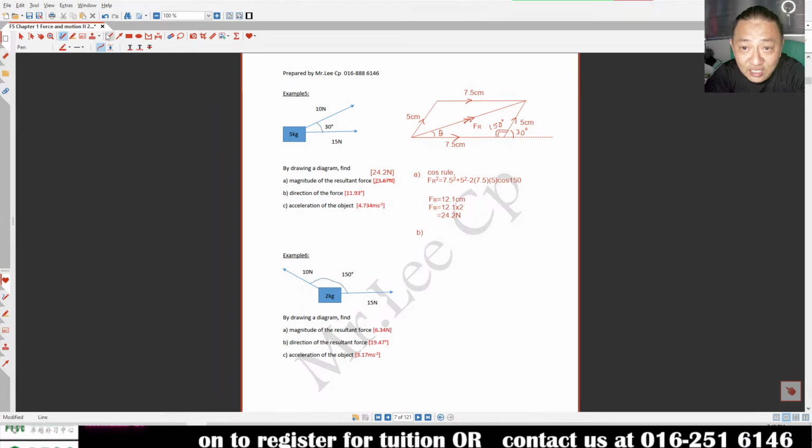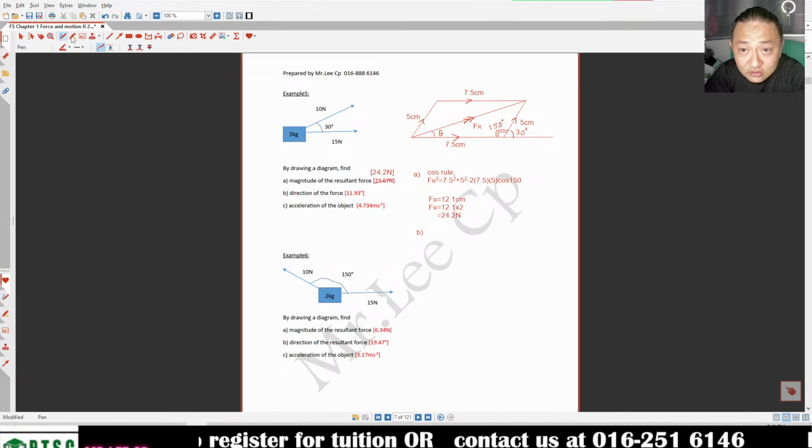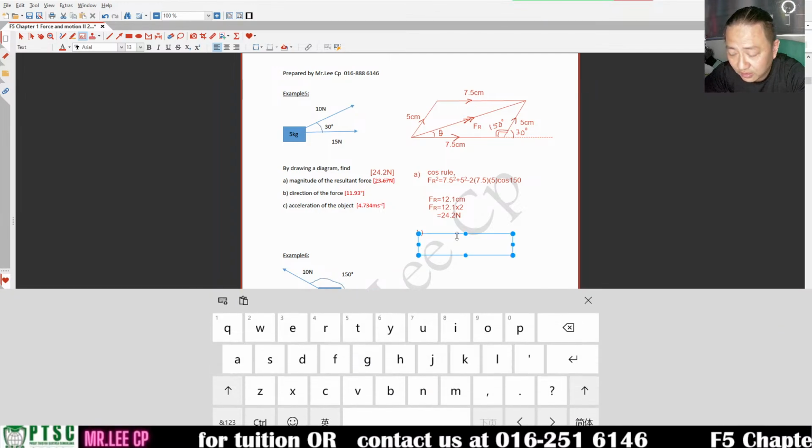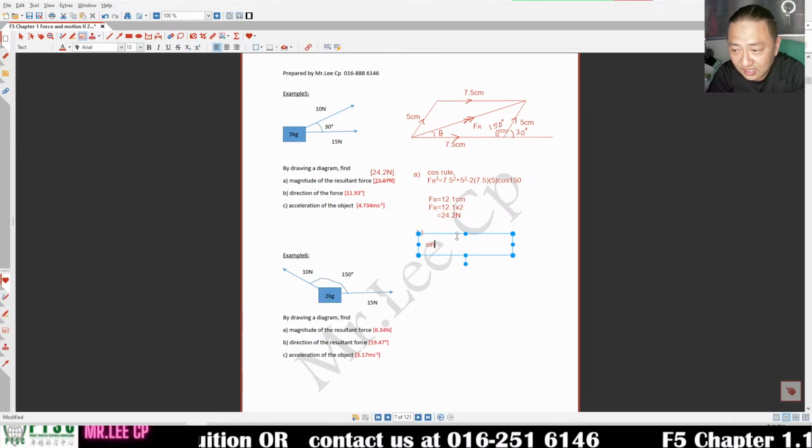So sine theta over the opposite is sine 150 over the opposite, so I can use the sine rule.